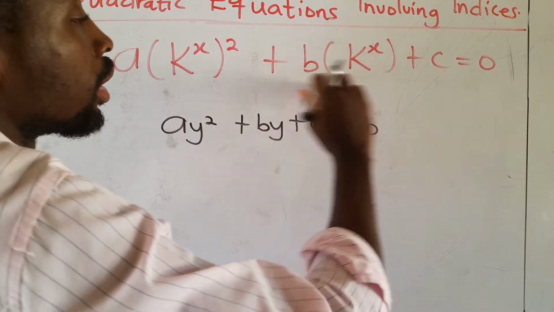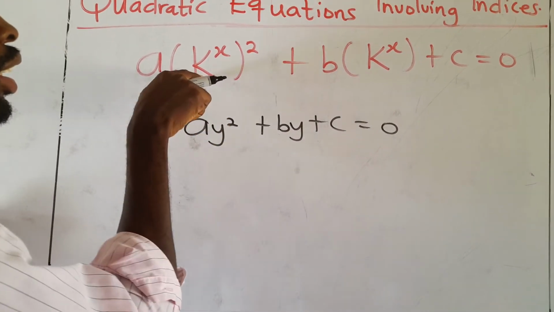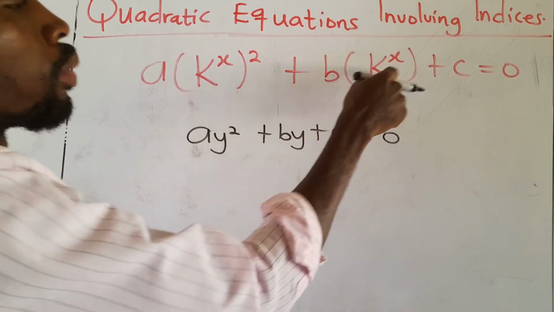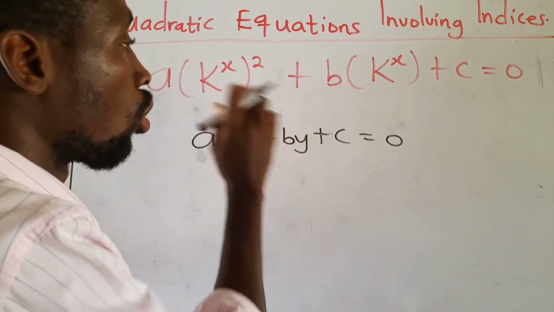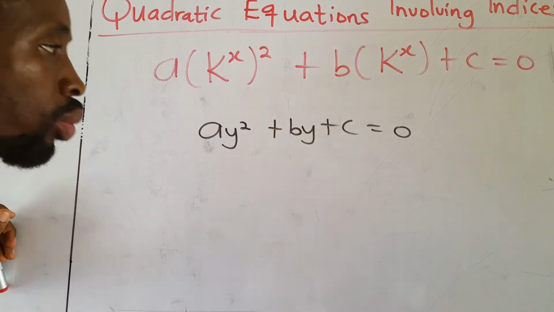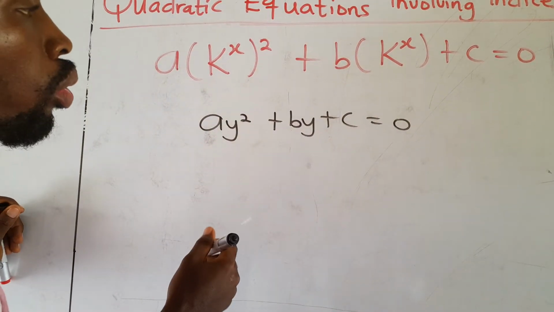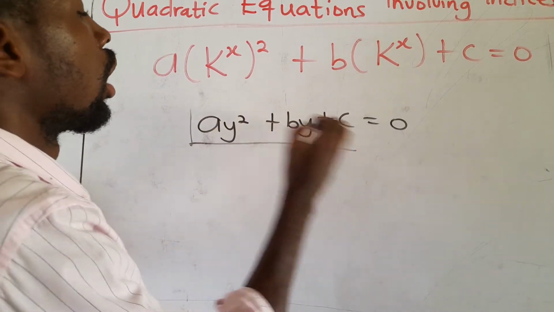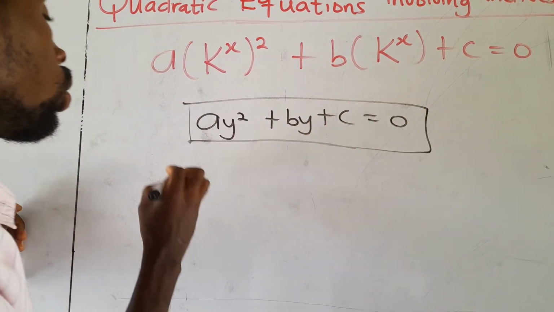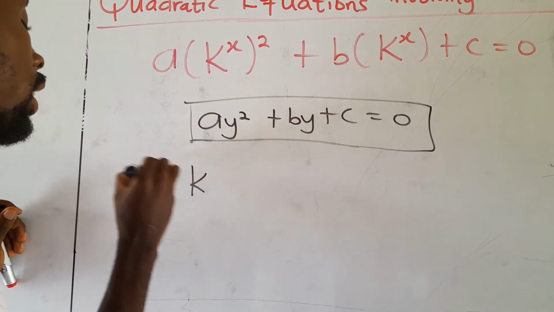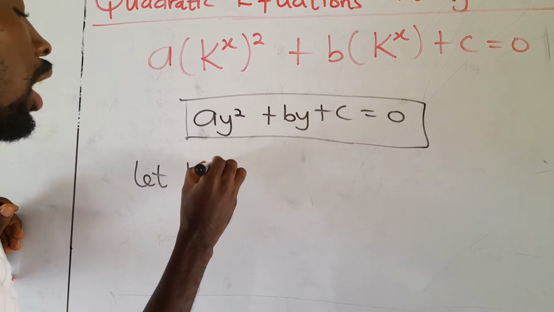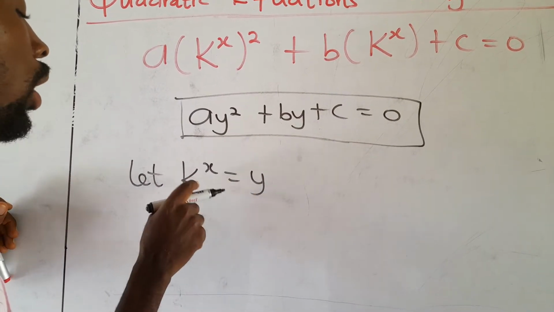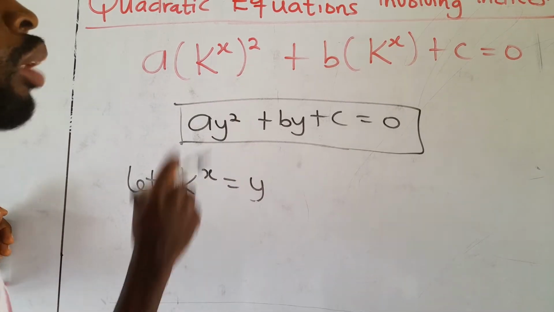When you express it in this form, you see k exponent x is common to it. So you can just let that k exponent x be equal to any variable, say y. So from here we can say let k exponent x be equal to y. So any place we see k exponent x, we substitute y.